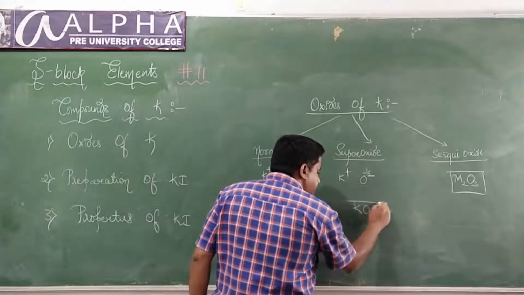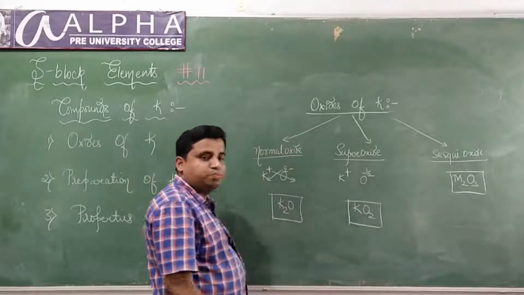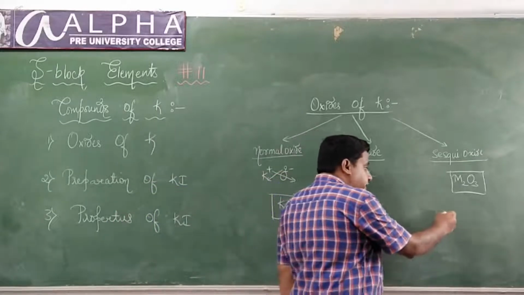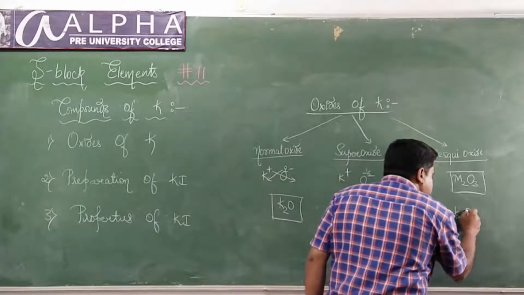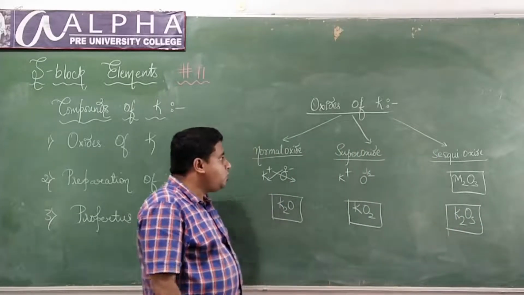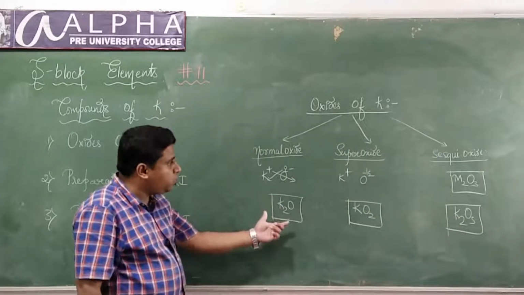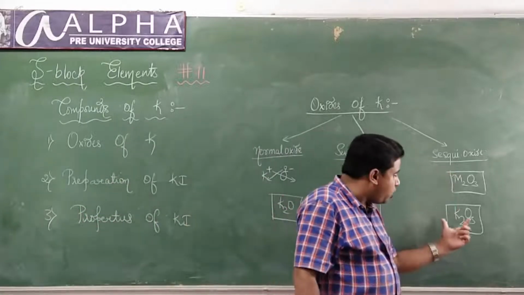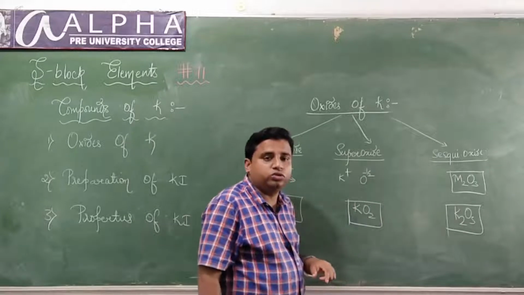It is going to be KO2. What about the formula for potassium sesquioxide? It is K2O3. Are you able to understand? Formula for normal oxide K2O, for superoxide KO2, and for sesquioxide K2O3.